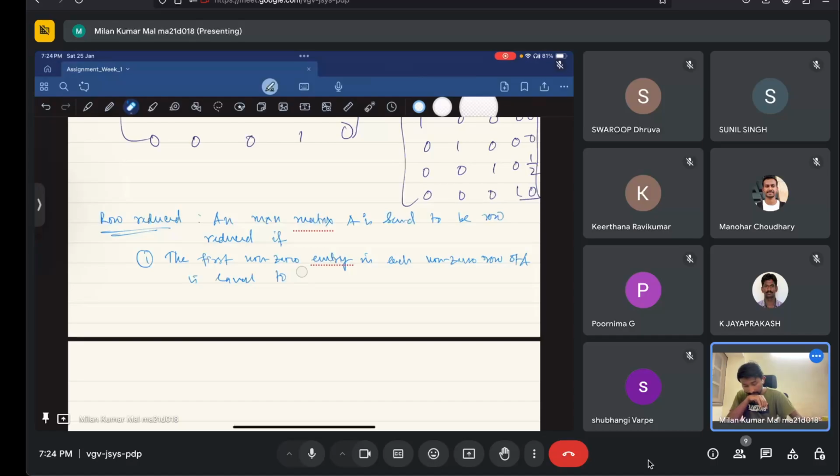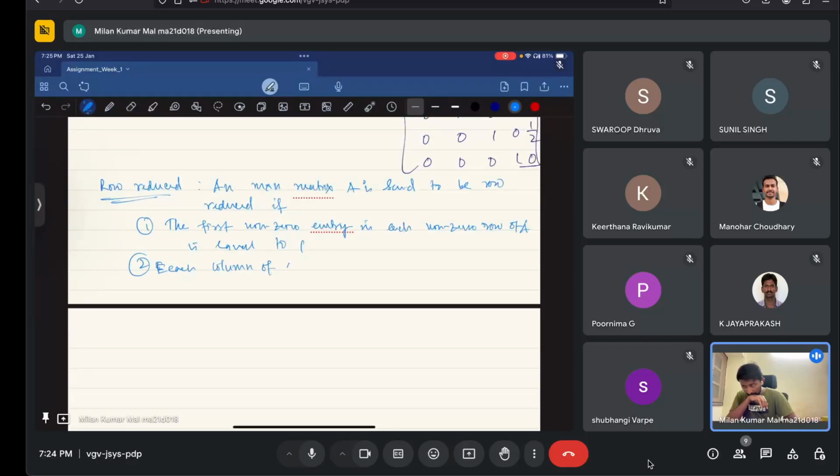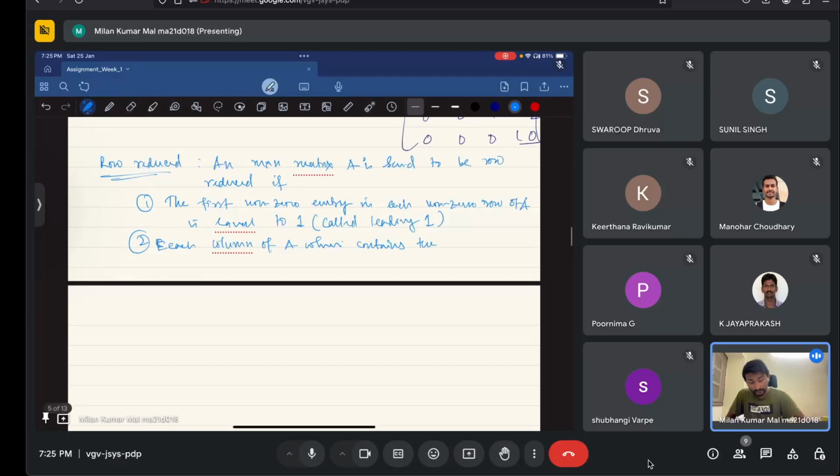The second condition is that each column of A which contains the leading non-zero entry of some row, called the leading one, has all its other entries 0.